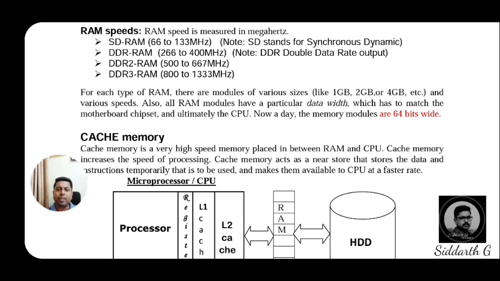There is not much difference in physical appearance, but performance wise we have many differences between 32-bit and 64-bit configurations of the system, dear students. So this is about RAM and RAM slots.